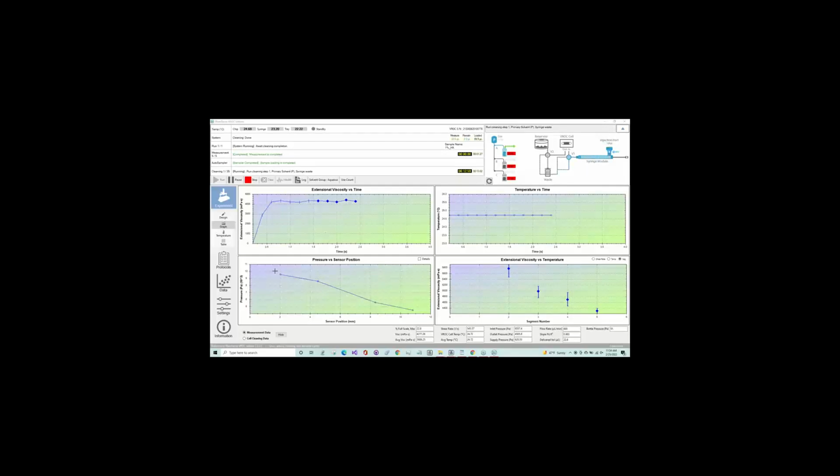Typical pressure drop across the flow channel. And then what we see is that, similar to what happens for hyaluronic acid in steady shear, we see a thinning with increased extensional rate.